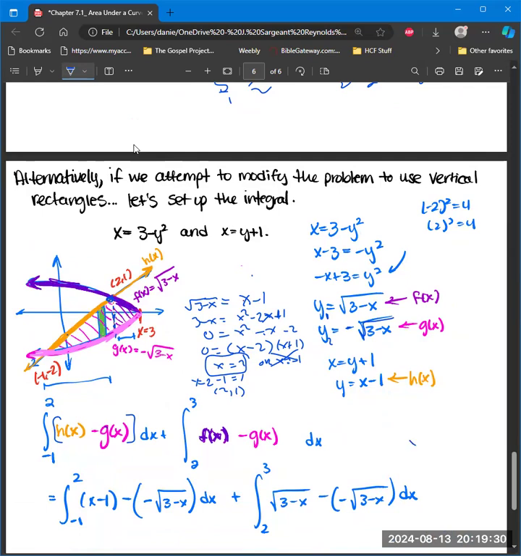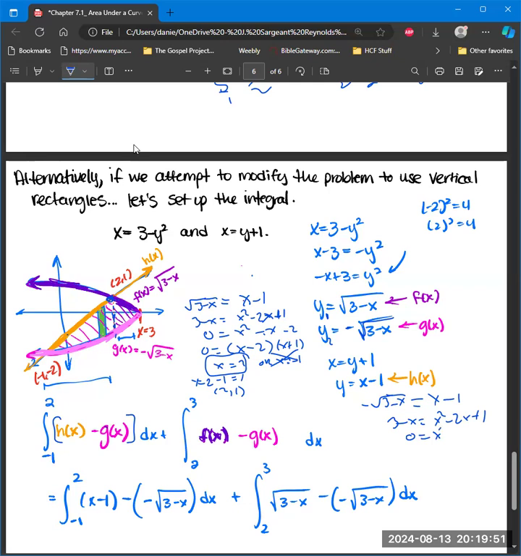Then I'm going to set h of x equal to g of x, and I get the other half here when I square both sides. 3 minus x is equal to x squared minus 2x plus 1.